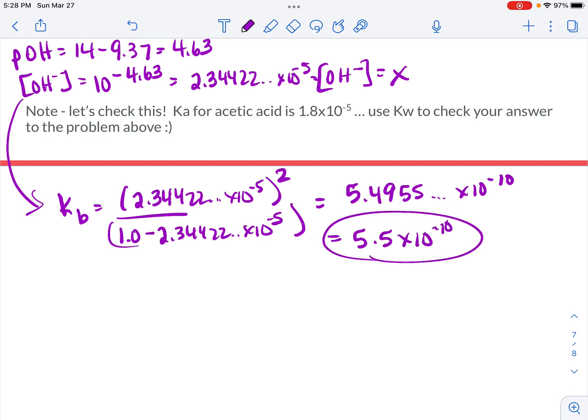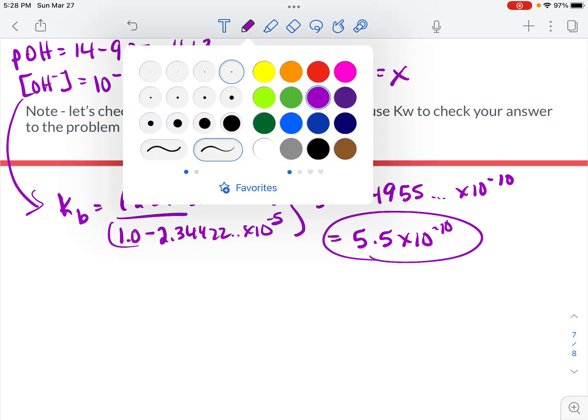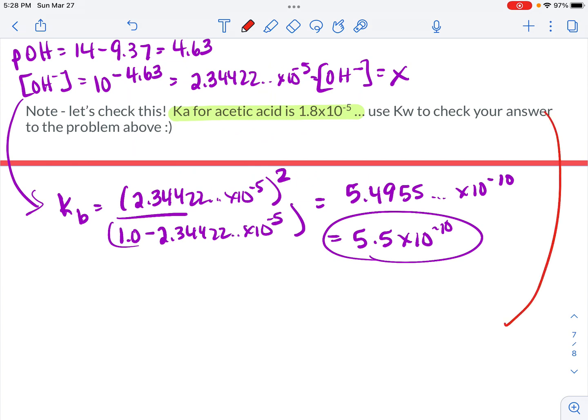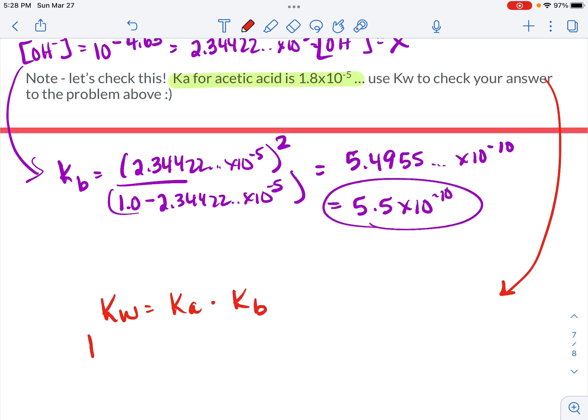Now, I could just say we know this is the answer, but let's check this. If you were told that Ka for acetic acid is 1.8 times 10 to the negative fifth, remember that you can use Kw to find Kb from Ka. So Kw equals Ka times Kb. So this would be 1 times 10 to the negative 14th equals the Ka, 1.8 times 10 to the negative fifth, times Kb of the acetate ion.